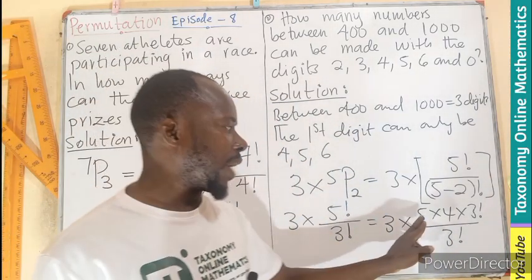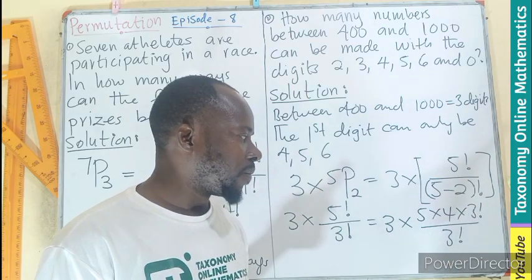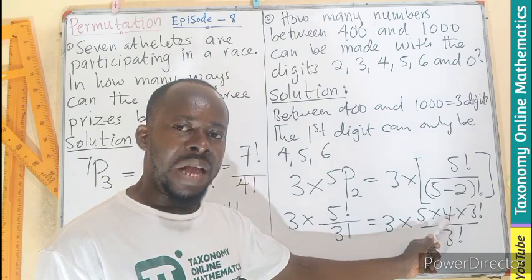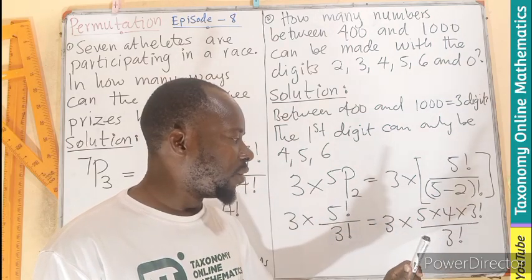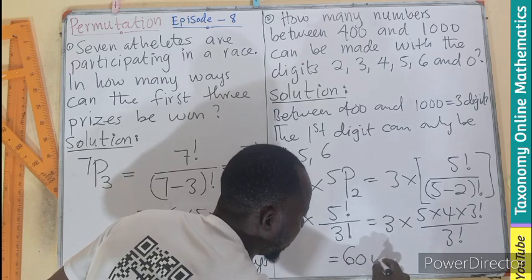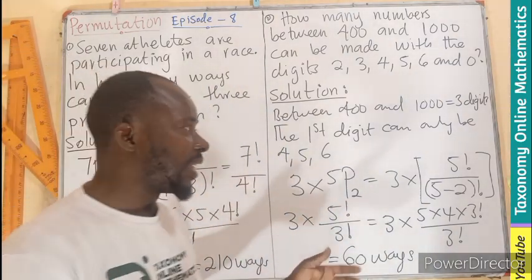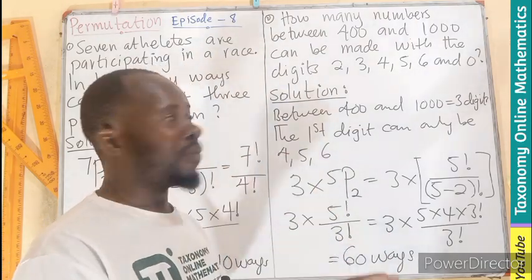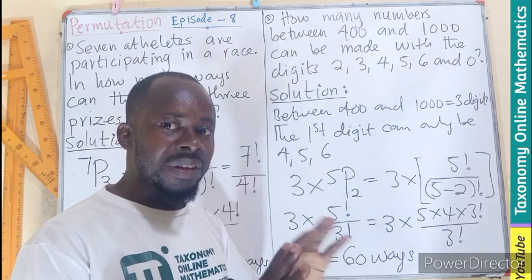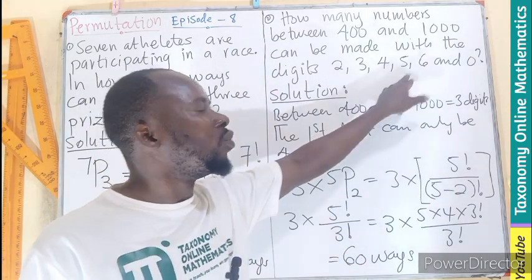I don't need to expand this to the fullest. 3 factorial will cancel 3 factorial. I should be left with only 5 times 4, that will be 20, times 3. That will give us what? 60 ways. So there are 60 different 3-digit numbers that can be formed between 400 and 1000, provided the first digit is only 4, 5, or 6.